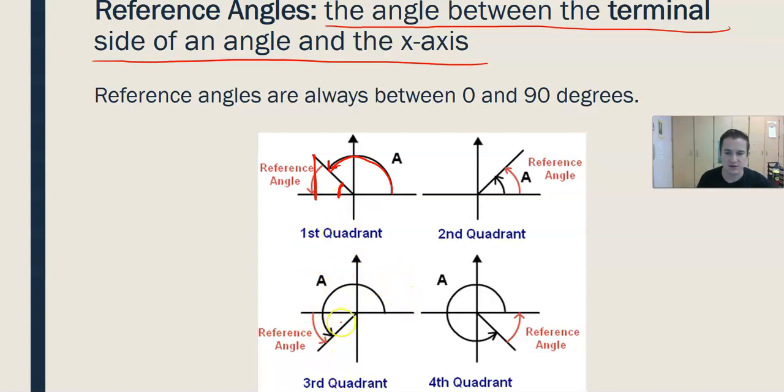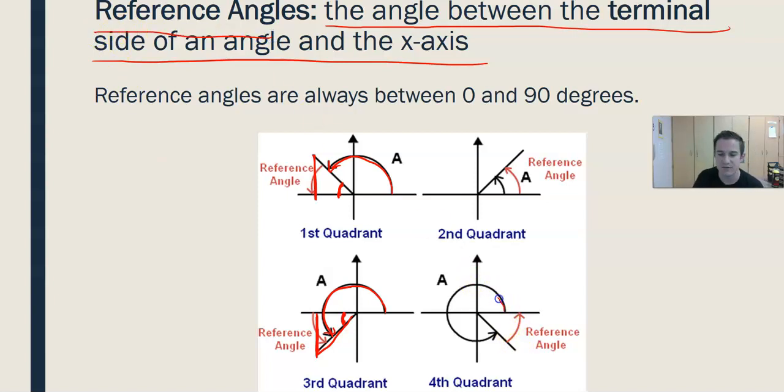Down here, if I had an angle that went all the way around into the third quadrant, and I drew a line up from this terminal side to the x-axis, that angle right here from the terminal side up to the x-axis would be my reference angle.